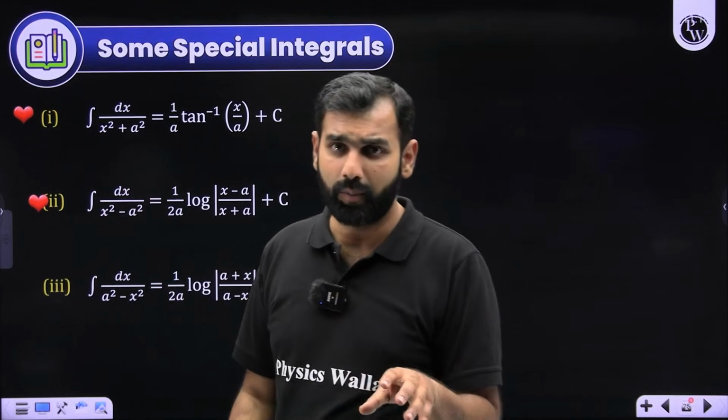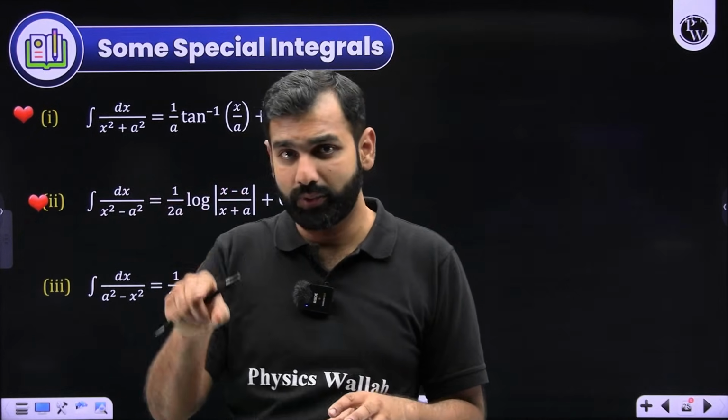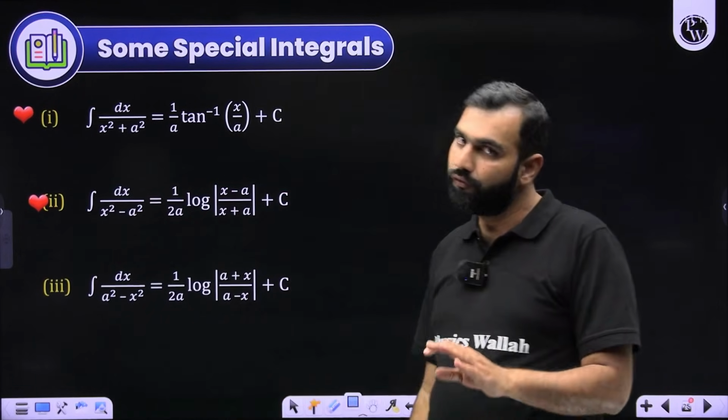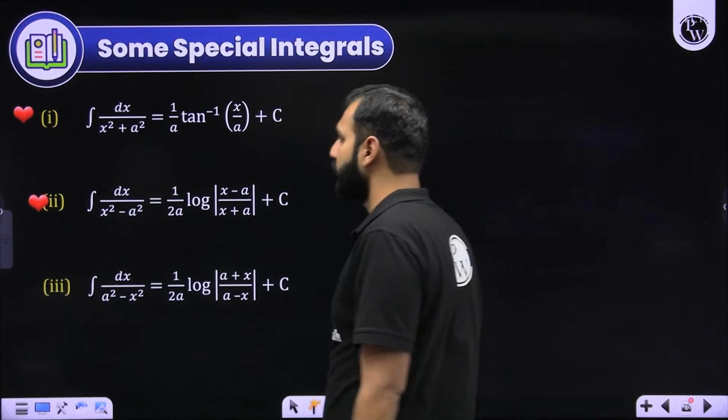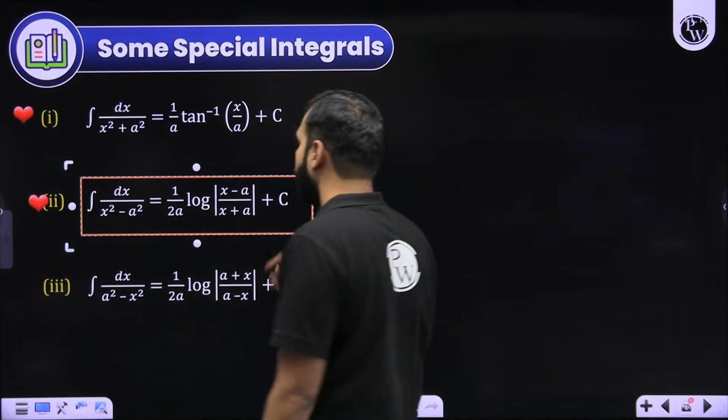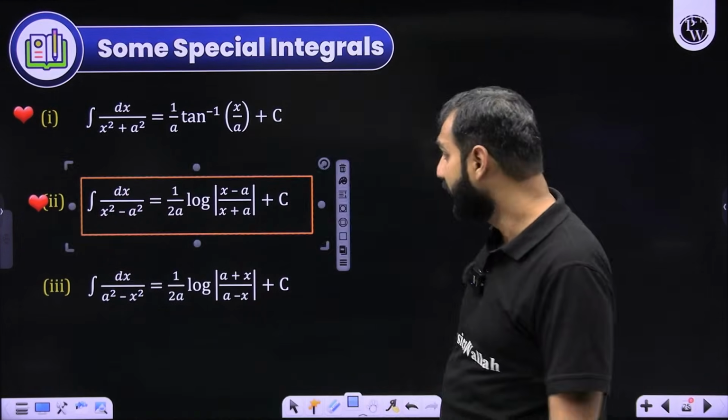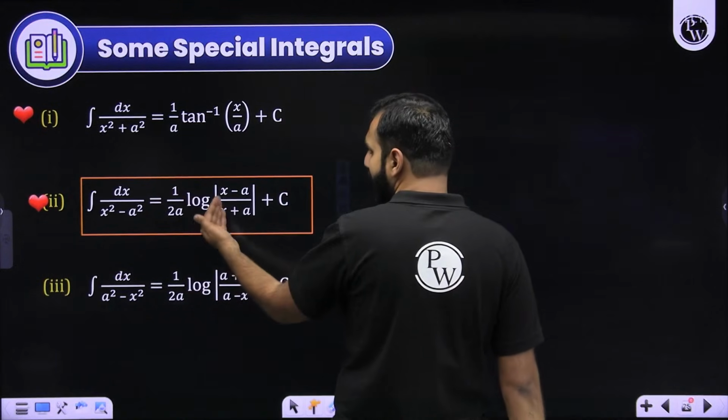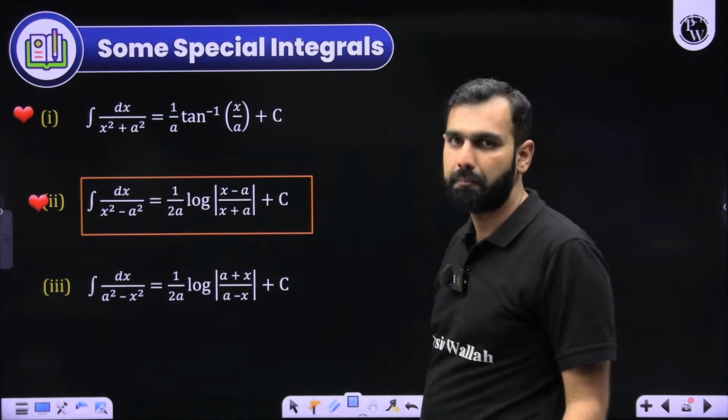If you are maintaining a formula book, add these 2 as well. Very crucial ones, mark a star on them. So integration of 1 upon x square minus a square is basically nothing but 1 by 2a log of mod of x minus a upon x plus a.